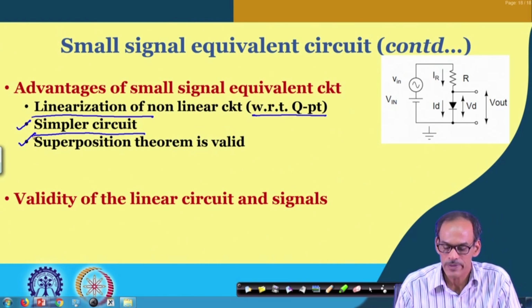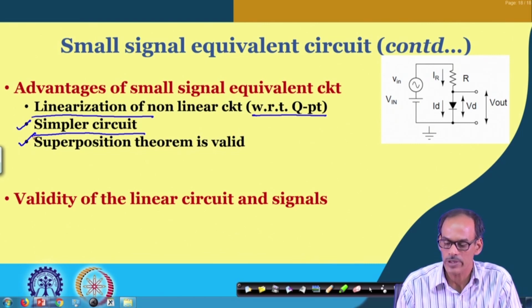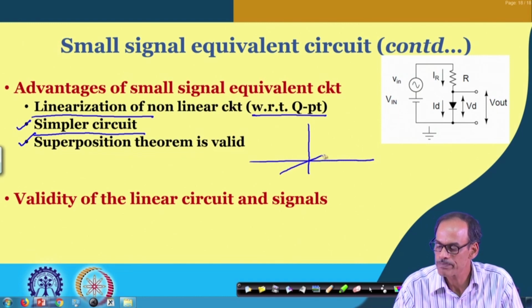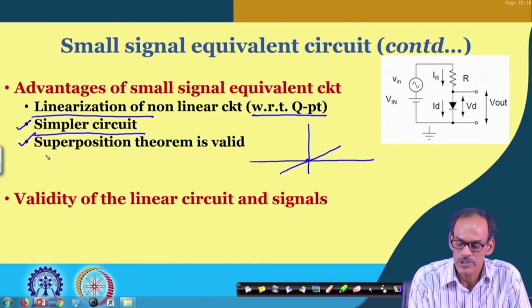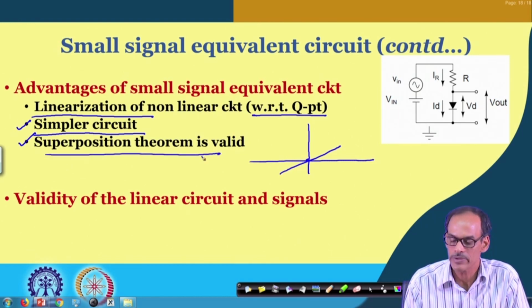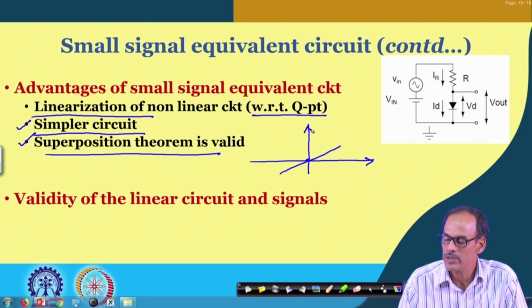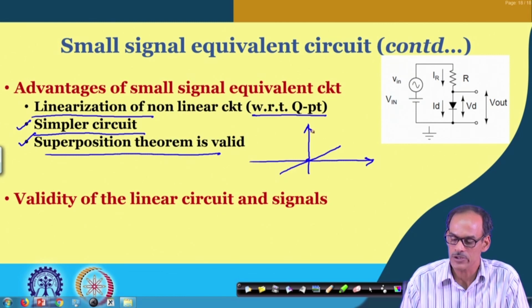The other vital point is that the input to output transfer characteristic goes through the origin of our small signal transfer characteristic. So, the superposition theorem is valid, and that is very vital to simplify a circuit whenever you have multiple signal sources.